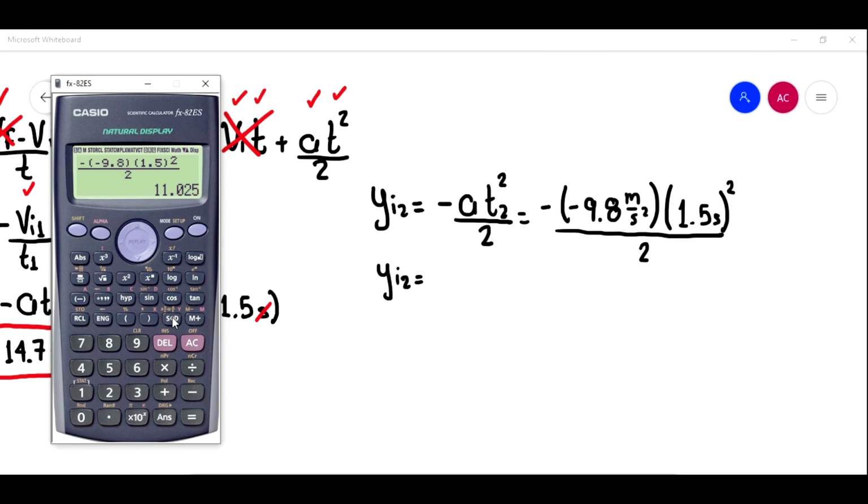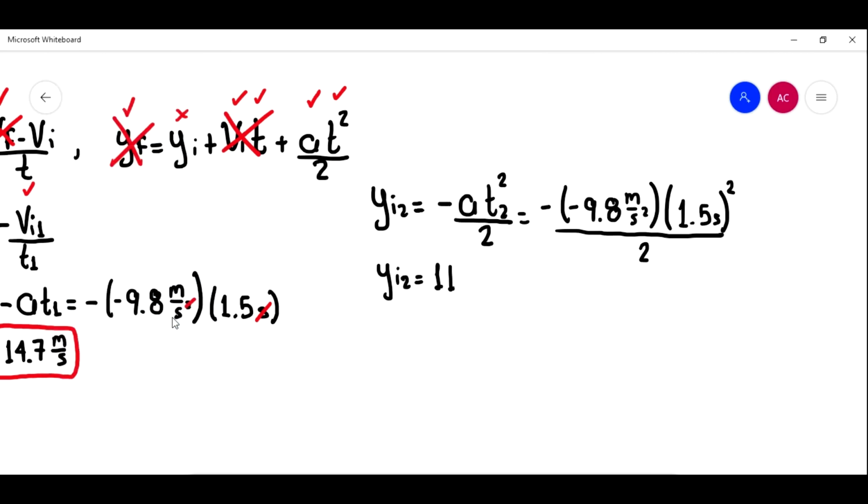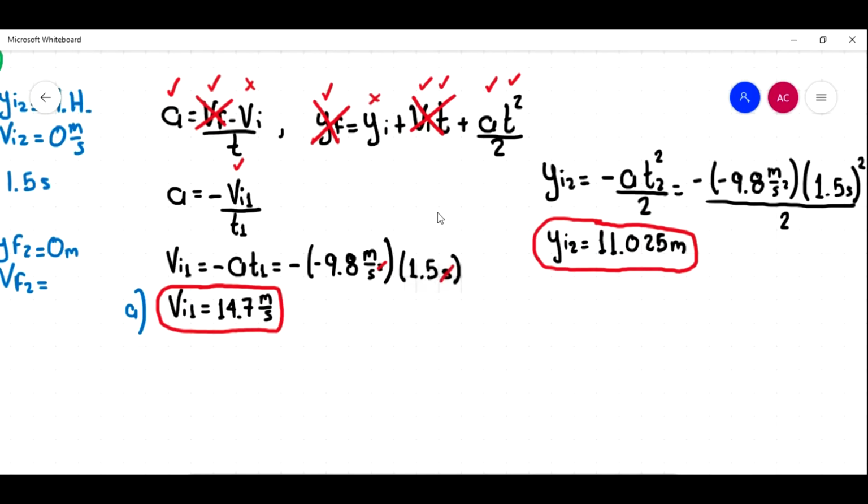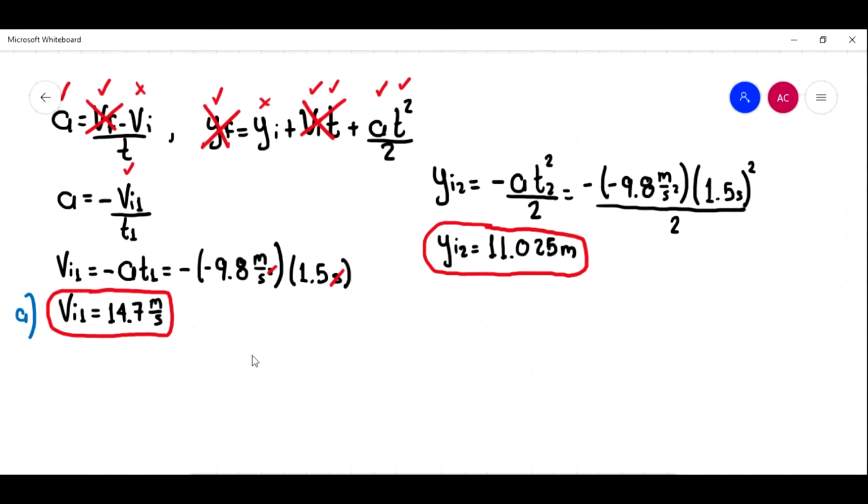Okay, and that is the maximum height, 11.025 meters. Well, to be honest, that coin went too far. The referee was strong, and yes, pretty strong.